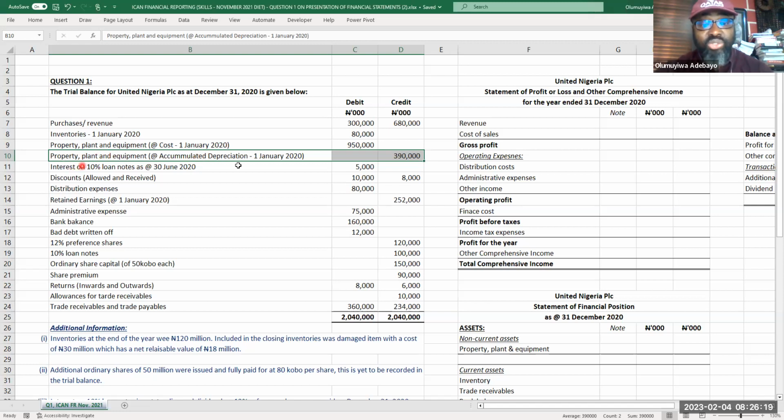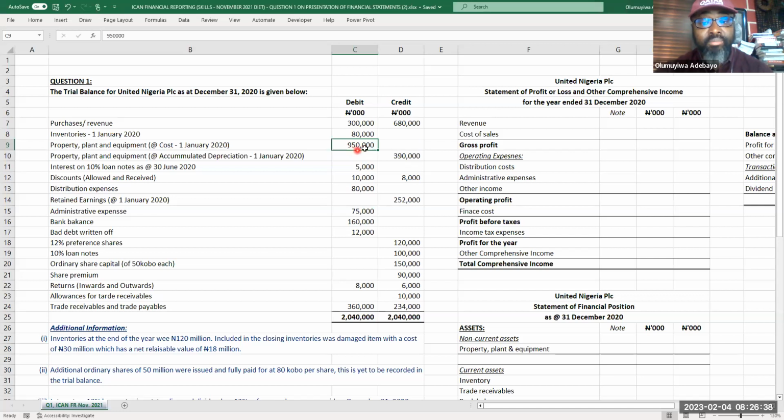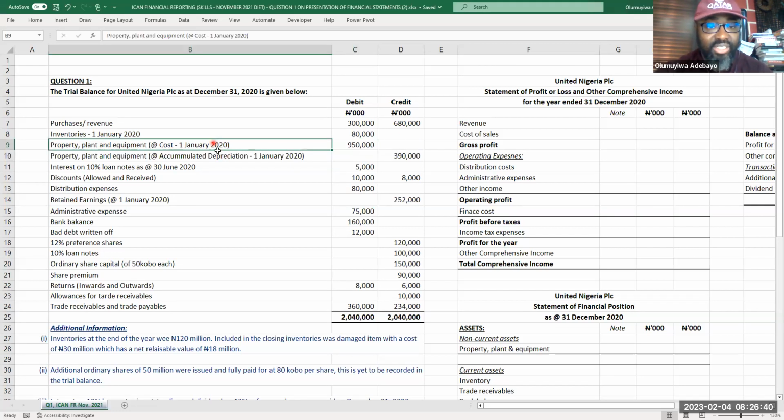One of those examples is what you are seeing here. Accumulated depreciation is not a liability, though it's on the credit, but it is a charge against the cost of the asset to write it down to the book value. All things being equal, this will be used to reduce 950 to its book value as at the beginning of the year. But this has not yet taken cognizance of depreciation for the year, which we provided additional information for.